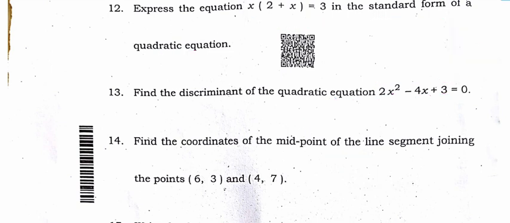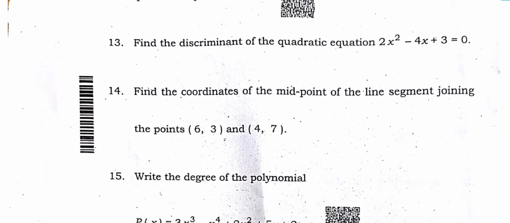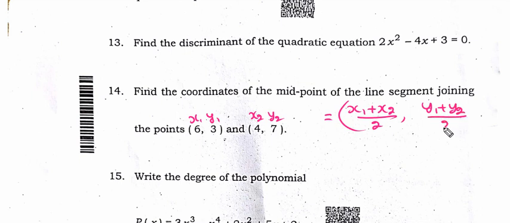Then we move on to the next question: find the coordinates of the midpoint of the line segment joining the points (6, 3) and (4, 7). Now we see how to find the values. This one is x1 and this is y1, this is x2 and this is y2. The coordinates of the midpoint are x1 plus x2 divided by 2 and y1 plus y2 divided by 2.